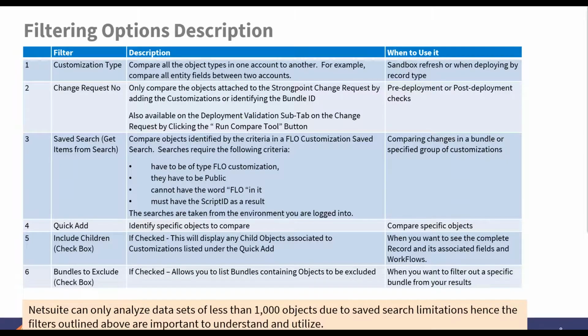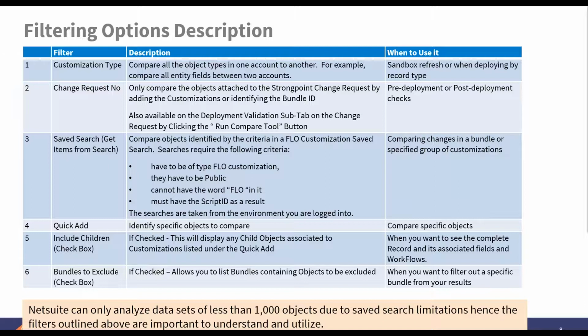Okay, now we're moving on to the filtering option. So typically, customers are very inclined to try and compare their entire account in one go. We strongly advise against that. Not only because your NetSuite account will have thousands of custom objects, but also because of the NetSuite limitations. And that is, it can only analyze a data set of less than 1,000 objects within a saved search.